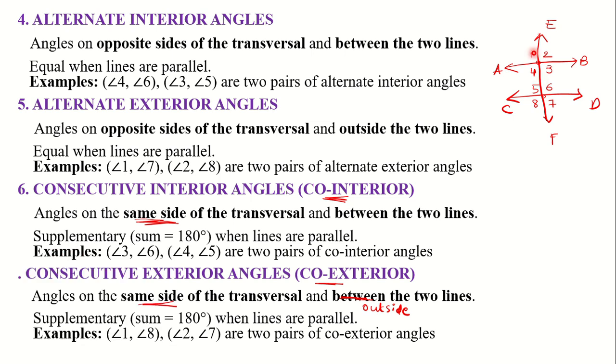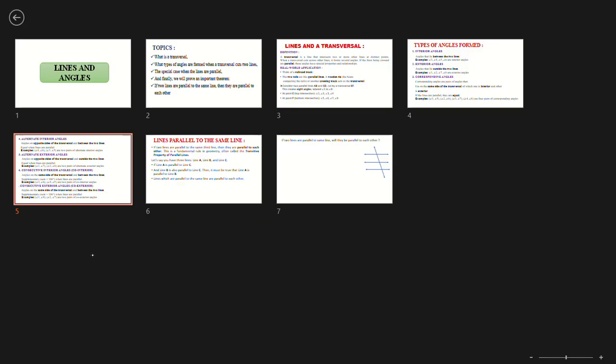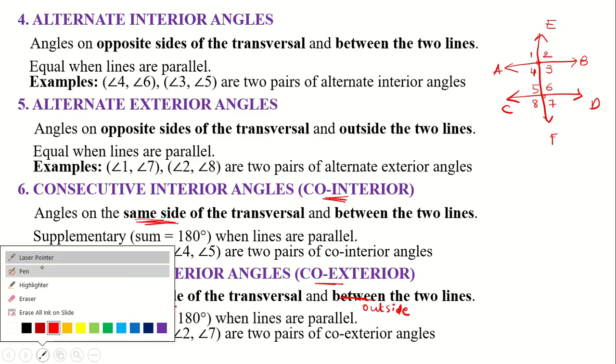The exterior angles here are angle 1, angle 2, angle 8 and angle 7. They should lie on the same side, right? So here angle 1 and angle 8 are on the same side and they are outside the lines, and similarly angle 2 and angle 7 are on the same side and they are outside the two lines. So this is one pair of co-exterior angles and this is the other pair of co-exterior angles. So these are the types of angles that we discussed.